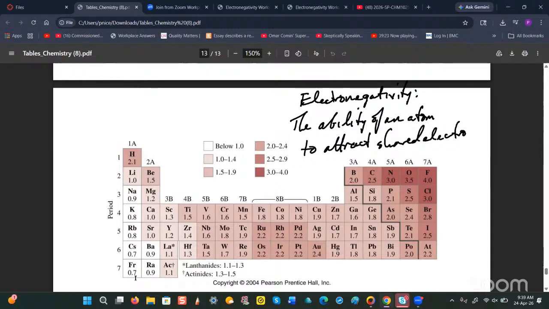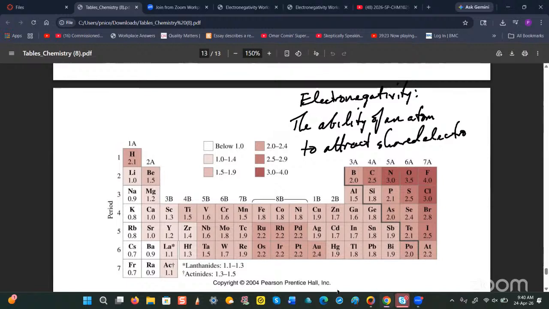So we can use these values to determine the nature of the bond that exists between any two atoms in the periodic table. And again, you'll see different textbooks having variations of what I'm about to say, but basically there are different criteria that we use to determine the type of bond that is involved based on these values.